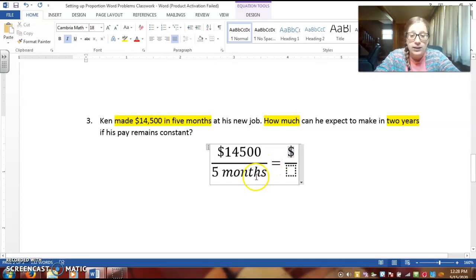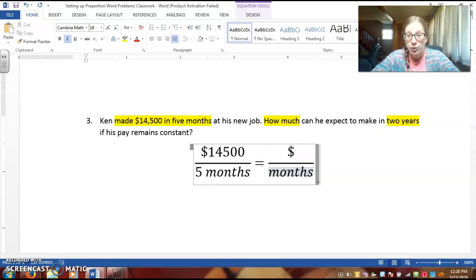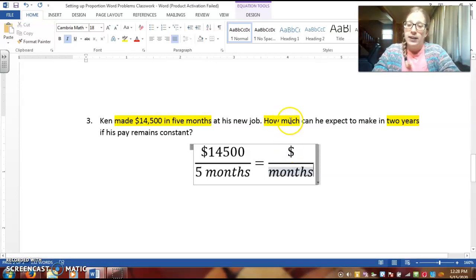If I have months on the bottom of this fraction, months has to go onto the bottom of the fraction. So when I reread, it's asking how much can he expect to make? If I'm asking how much, again, that's representing the money amount, which means I have no idea how much he's making. But I want to figure it out based off of a 2-year span.